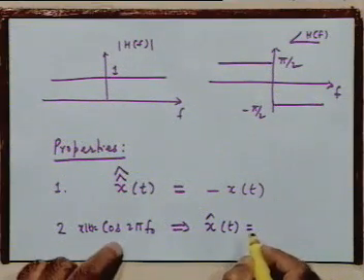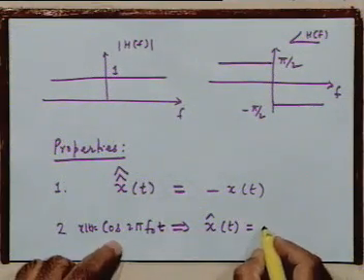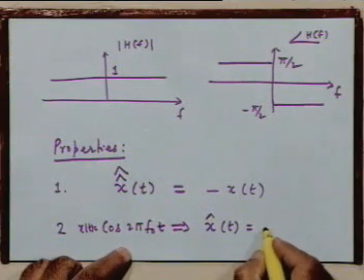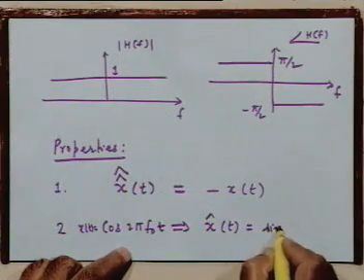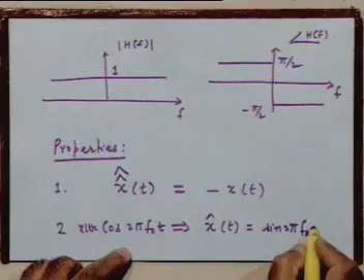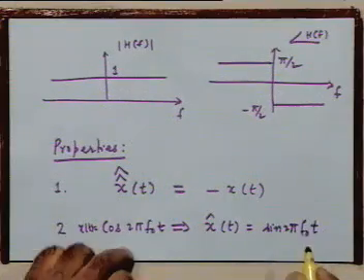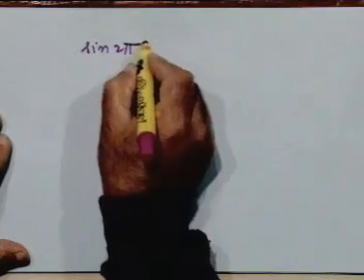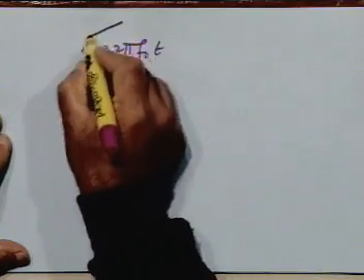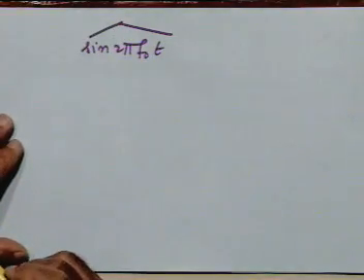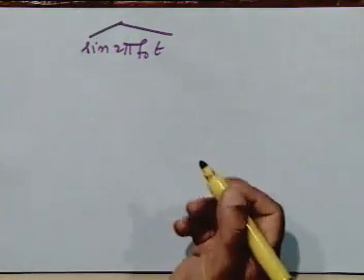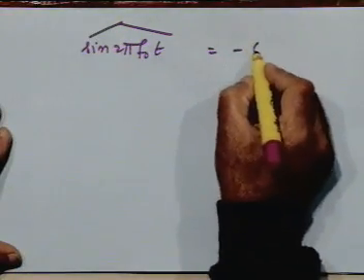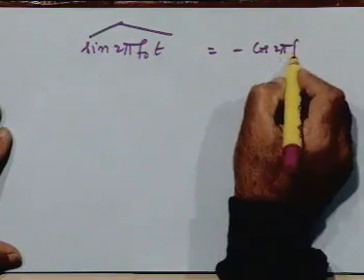Sine 2 pi f naught t. Right? What is the Hilbert transform of sine 2 pi f naught t? Correct. It is minus cosine 2 pi f naught t.